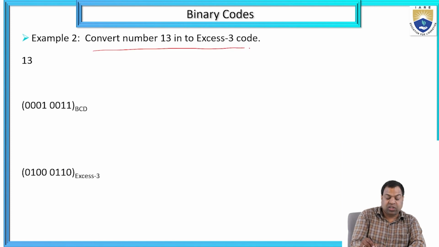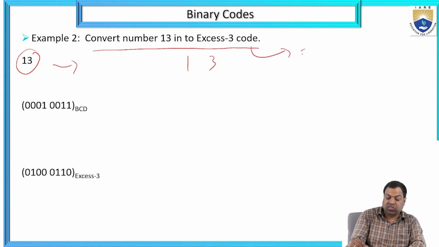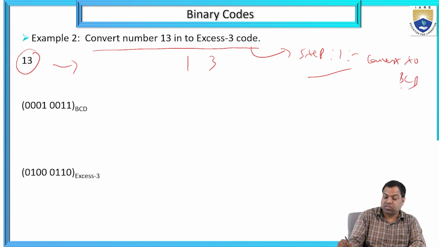Suppose I want to convert 13 into XS3 code. XS3 code means: step 1, convert to BCD. Step 2, add plus 3 to the resultant BCD.